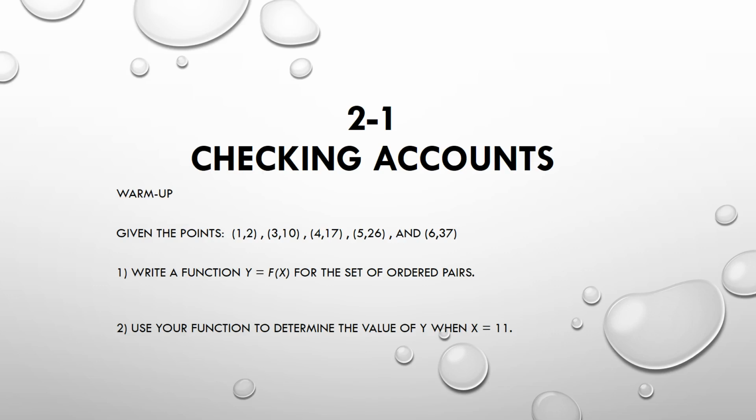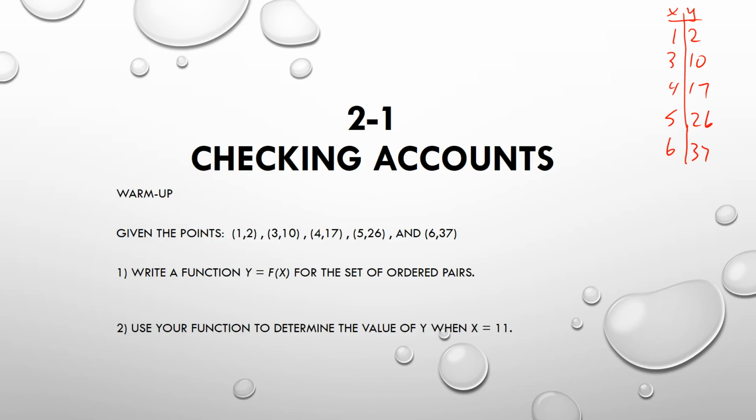Alright, so when you have pairs of points, ordered pairs like this, one thing that oftentimes can be helpful is if you put them in a table of values, a t-table. Alright, so let's take that first point, (1, 2). Let's take the second one, (3, 10), (4, 17), (5, 26), and (6, 37). So there's our 5 points.